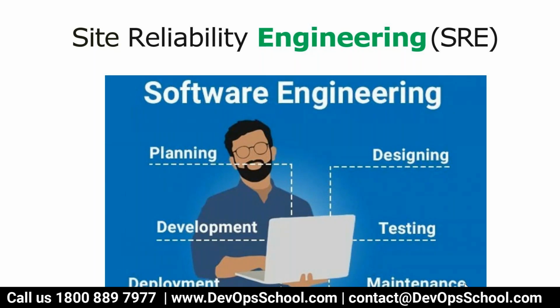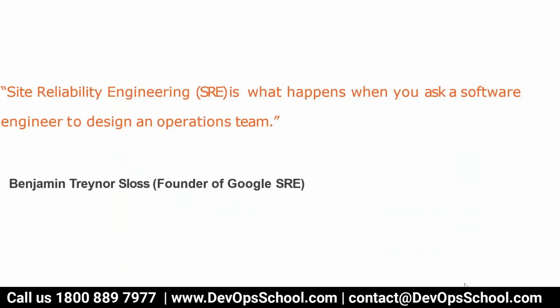This is the approach you need to bring to the operations team also through SRE. So SRE is what happens when you ask a software engineer to design an operations team. It's a very simple definition by Benjamin.